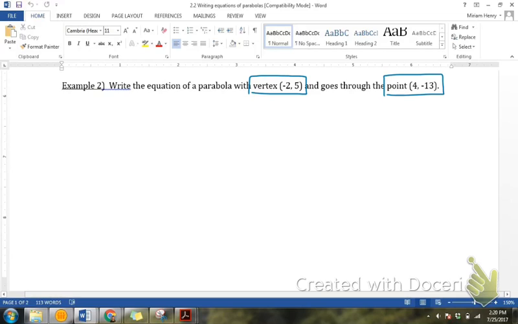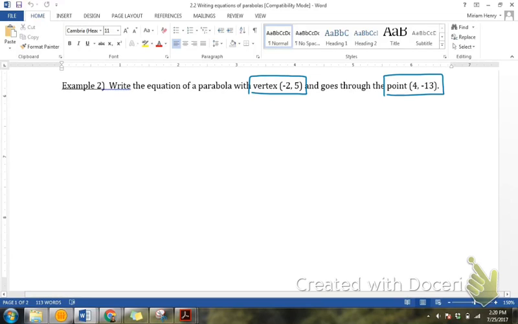And then copy down vertex form onto your paper. The formula for vertex form. So -2, 5 is our vertex. 4, -13 is our point.